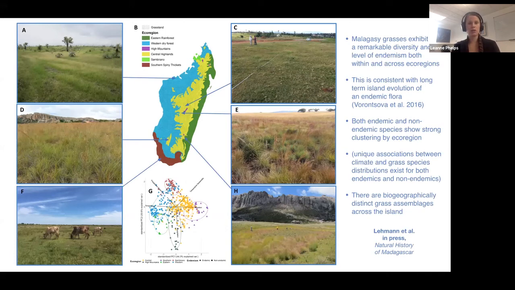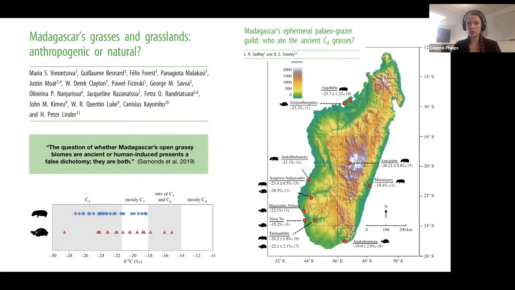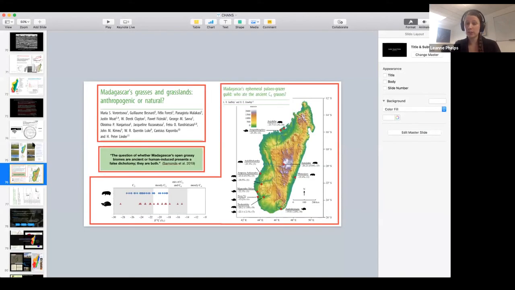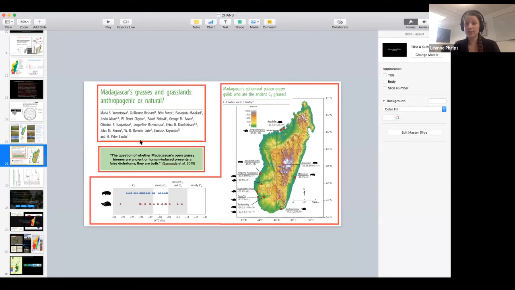So the idea is for me to look at where these grassy biomes were distributed in the past. There's all kinds of different information that we can look at to understand that. Isotopic information is one way. For example, in Madagascar there were pygmy hippos and giant tortoises that existed in the past, and these animals could have been opening up grasslands prior to people.